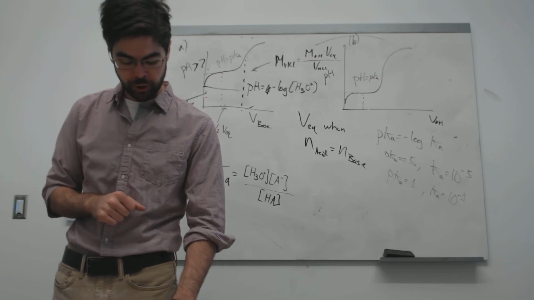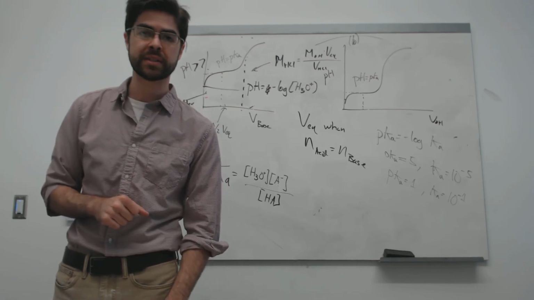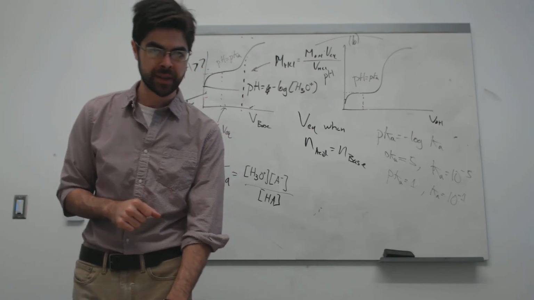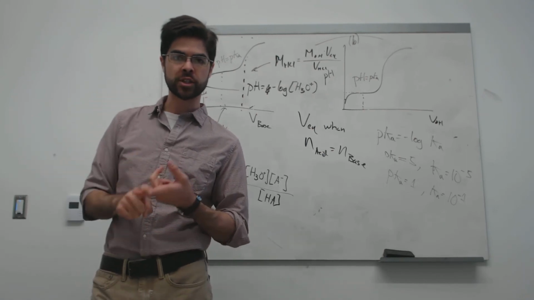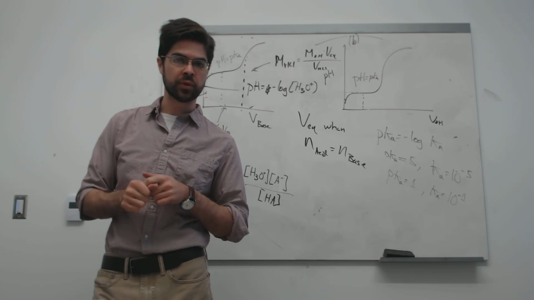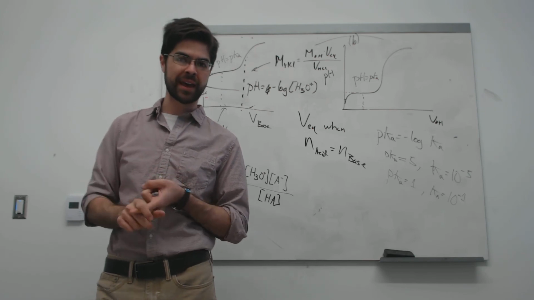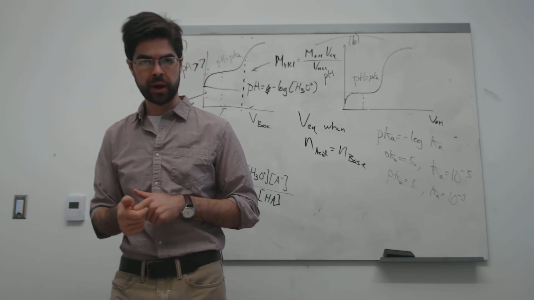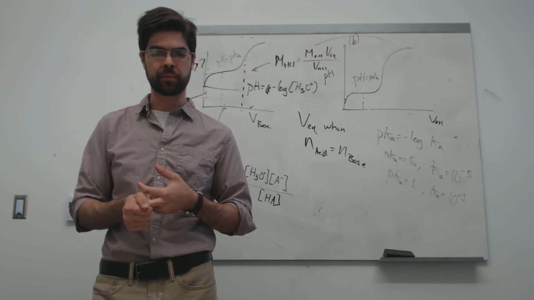Secondly, what do I need to know for the quiz on Wednesday? So the quiz on Wednesday is going to discuss acid-base chemistry. So I expect everybody already knows things like the Arrhenius definition of acids and bases, how to calculate the pH of a strong acid, how to calculate the pH of a strong base.